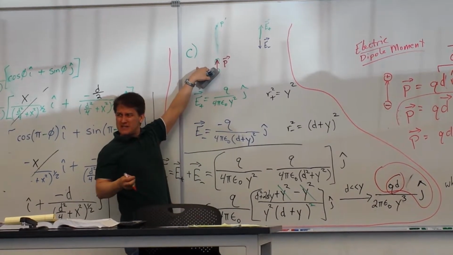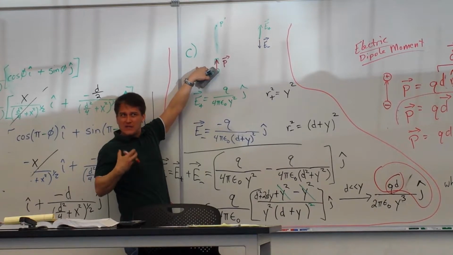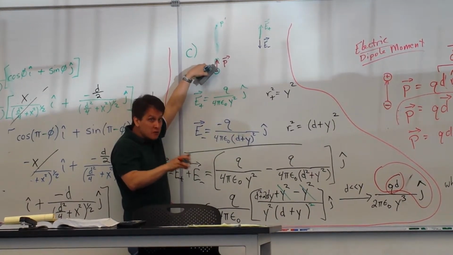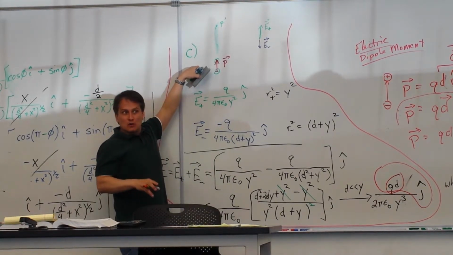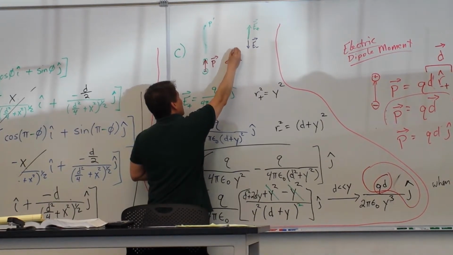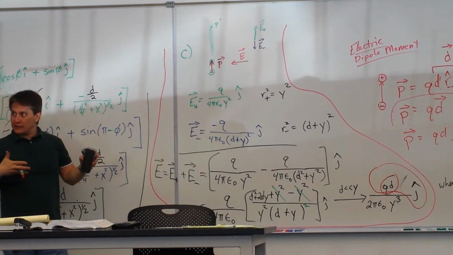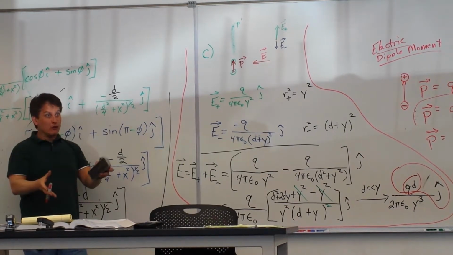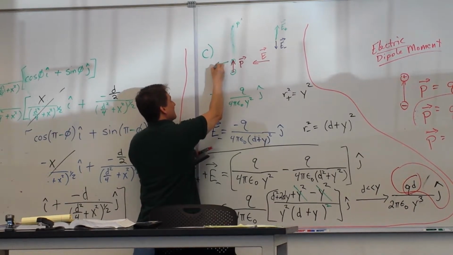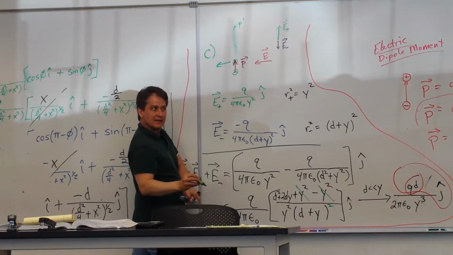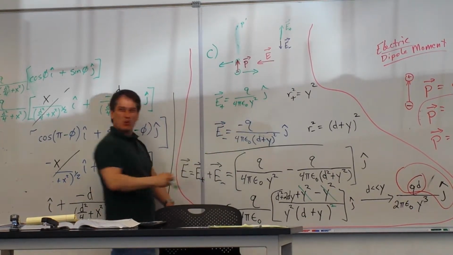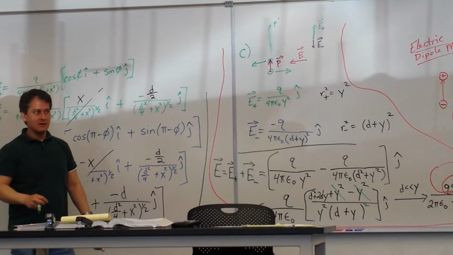But ultimately, the real physics comes into play when we ask what happens when an electric field interacts with a charge or a charged system. Here's a net neutral charge system, but if you put an external electric field in there, not its own field but something around it, you're going to get a net interaction away at the positive end and a net interaction toward at the negative end.